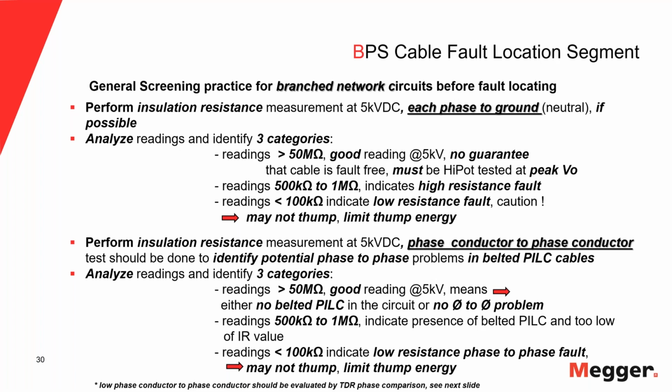Now, if you have a lower reading phase to phase, that means there is something going on between the phases. In addition, since we did the phase to ground before, we can also look at the phase to ground results and see whether that phase to phase translates into a combination of phase to phase and phase to ground issue. And again, if we have really low readings, we have to be very careful in terms of how we apply energy to that fault.